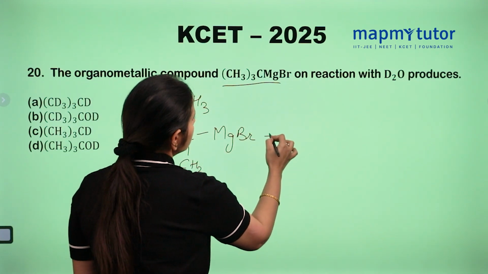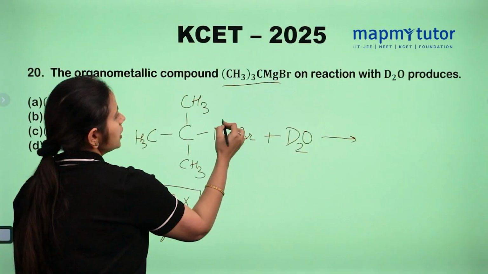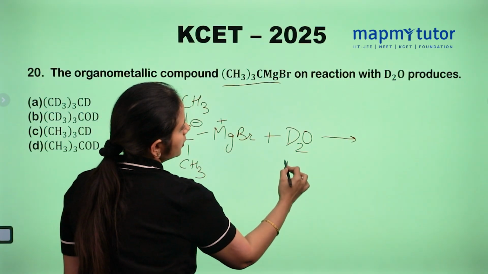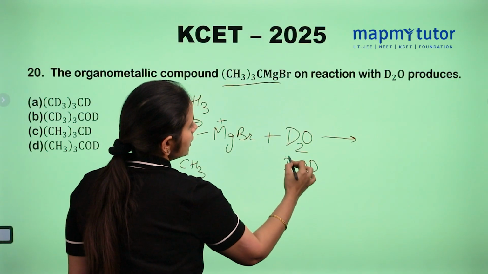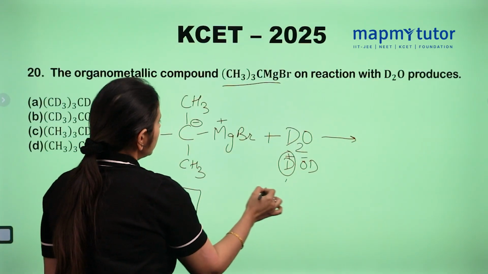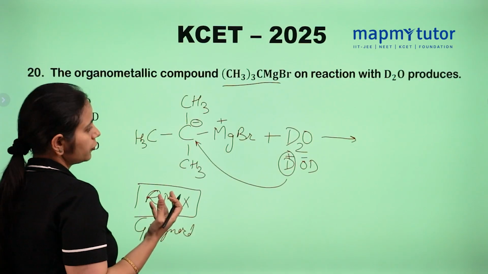And when we react it with D2O, what will happen? See, this Mg is positive and this carbon is negative. From D2O, D is positive and OD is negative. So this D will attack the carbon, which is acting as the nucleophilic position.